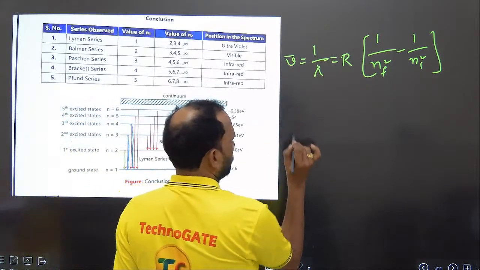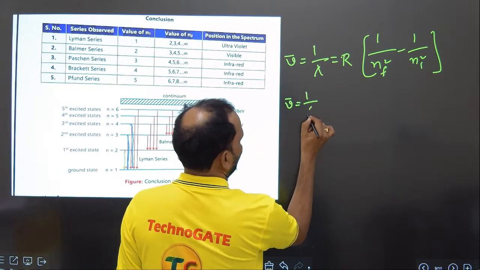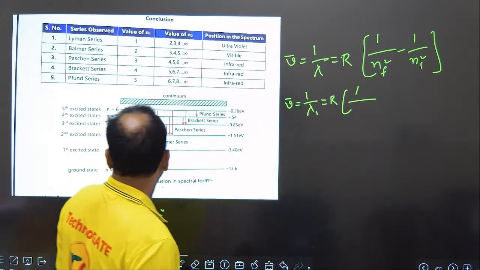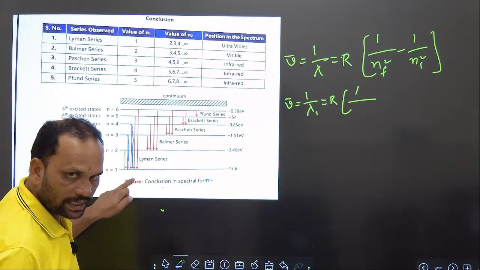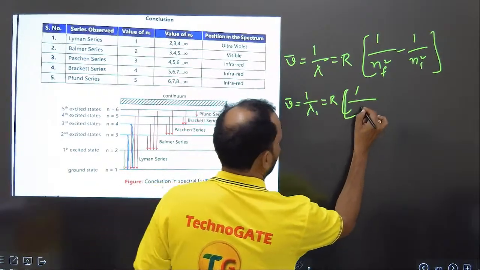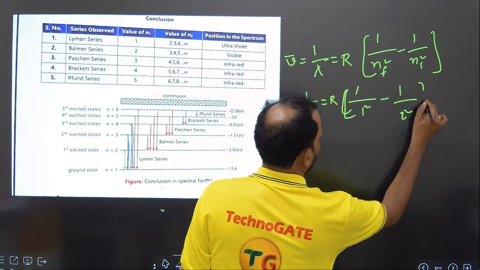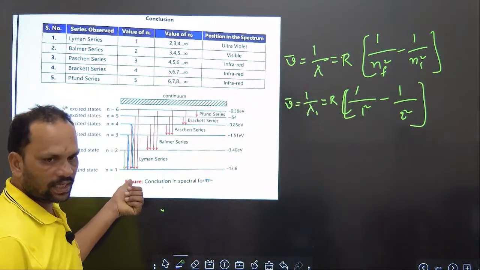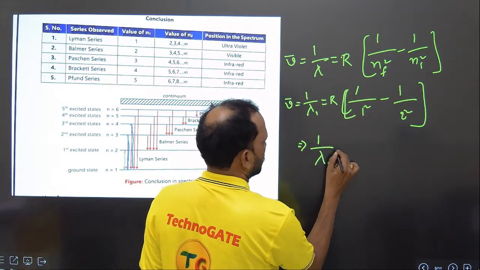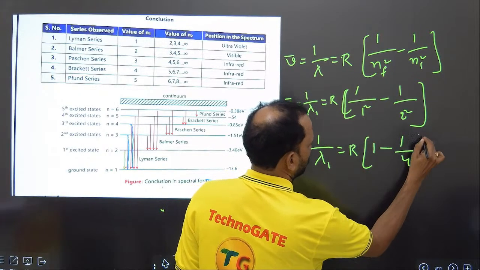So for the first member, from n is equal to 2 to n is equal to 1, V bar is equal to 1 by lambda 1 is equal to R into 1 by 1 square minus 1 by 2 square. Initial is 2, final is 1. So 1 by lambda 1 is equal to R into 1 minus 1 by 4.